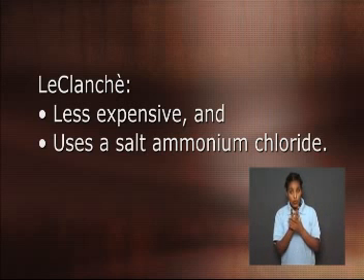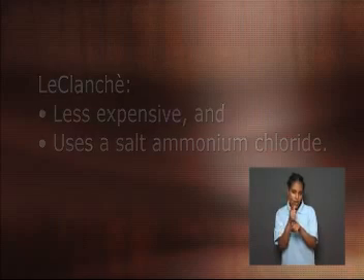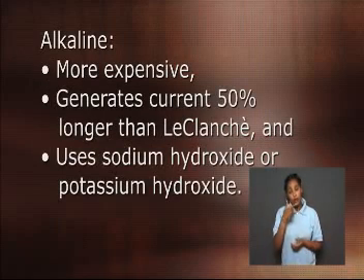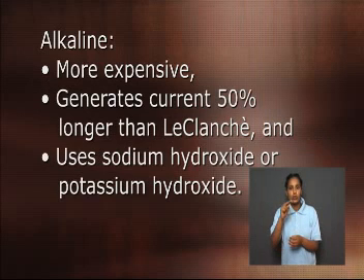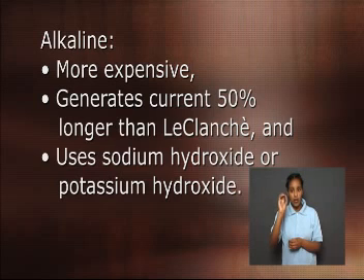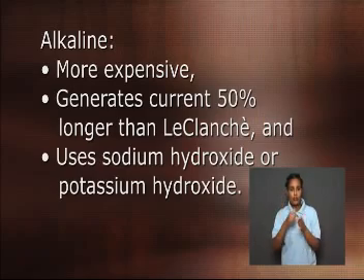Both of these statements are correct. You might also have said that alkaline cells use sodium hydroxide or potassium hydroxide rather than the salt ammonium chloride. This is also correct.